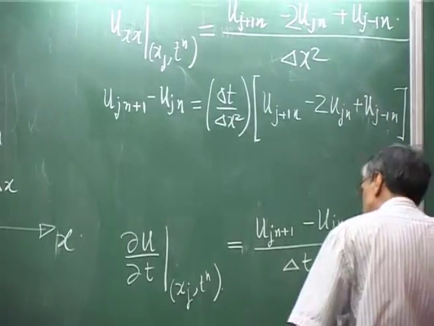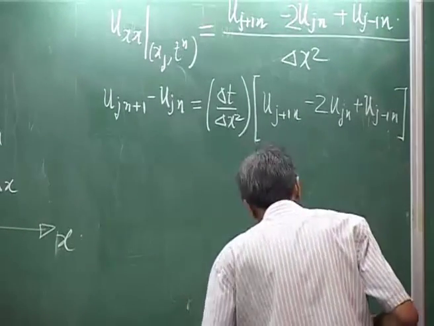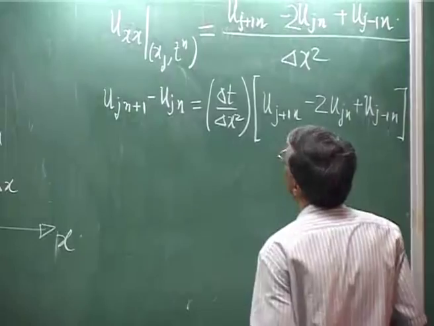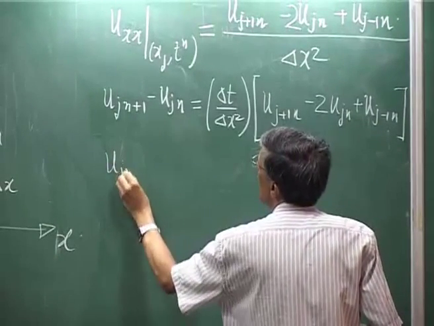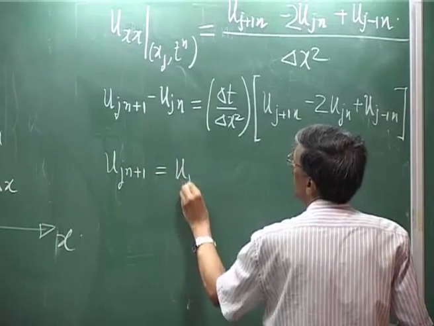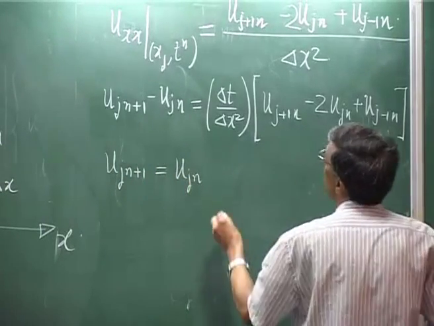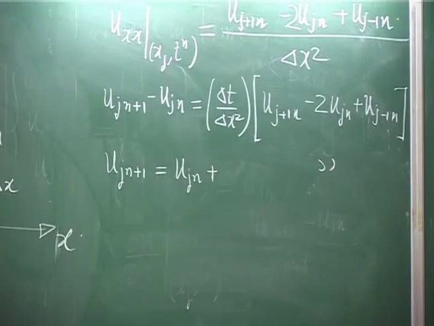So, that is easily done now. So, what we are seeing now, u j n plus 1 is nothing but u j n plus this quantity that we have written down, right.